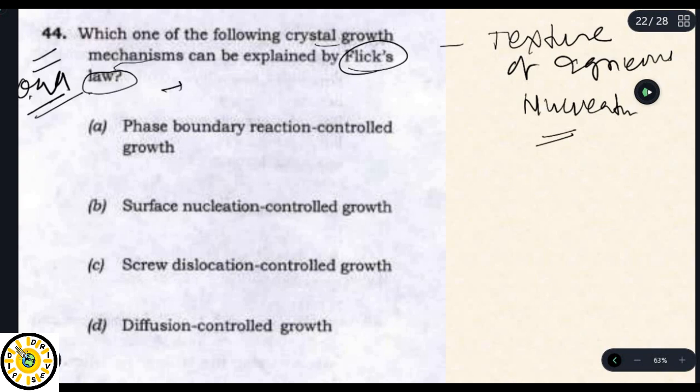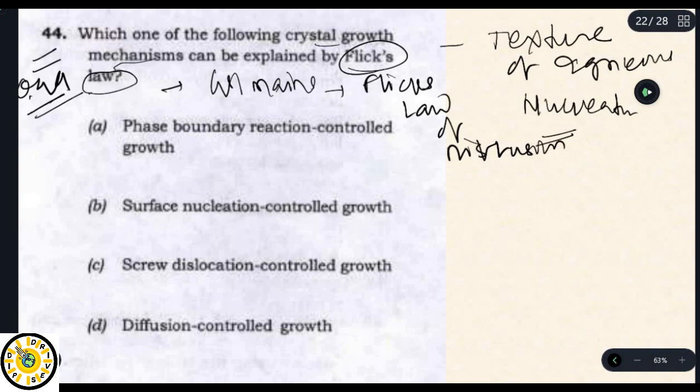ठीक है, if you go to the syllabus of GSI mains, you see some the crystal diffusion, ठीक है, Fick's law of diffusion बोलते हैं इसको, ओके, Fick's law of diffusion.